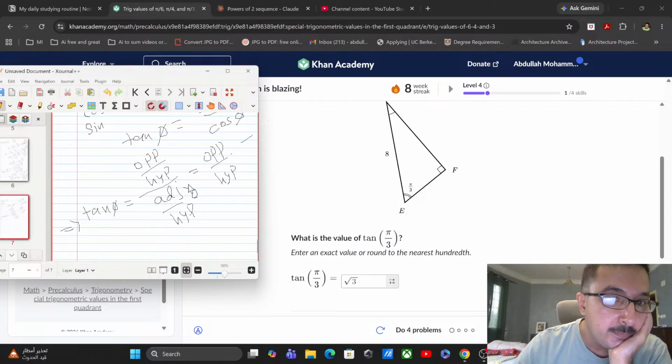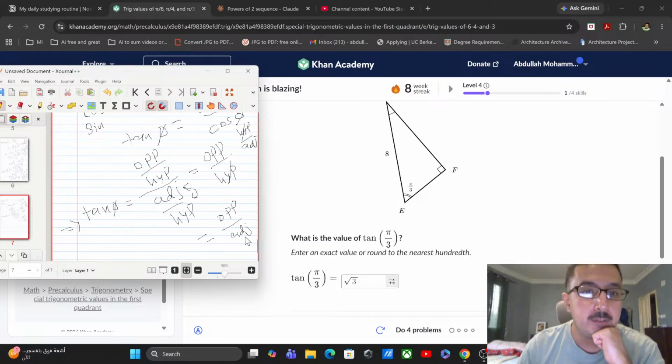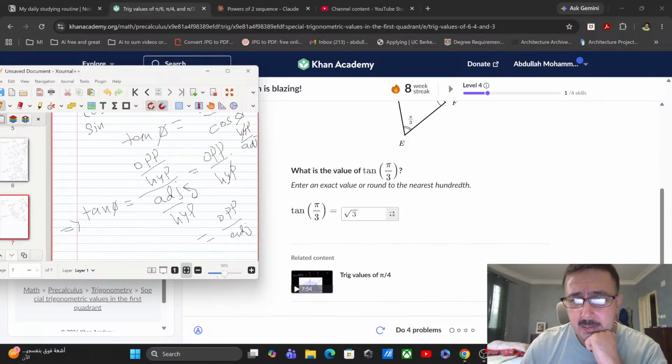Gonna flip this here. It's gonna be hypotenuse over adjacent. This will go with this. We're gonna be left with opposite over adjacent. And that's the tangent. I'm gonna go with this.